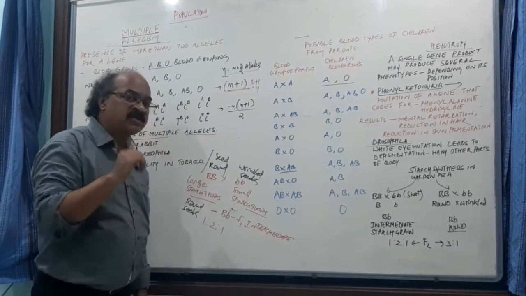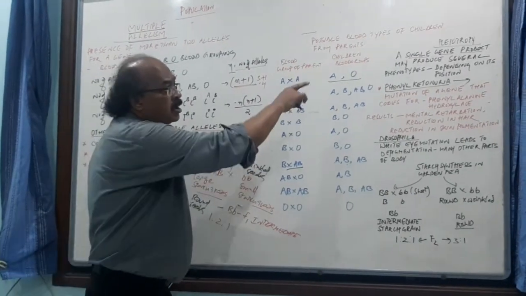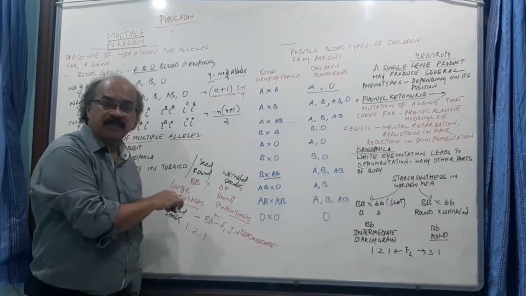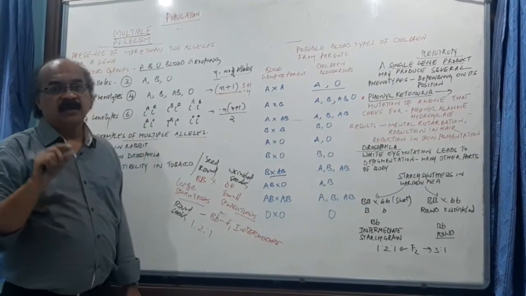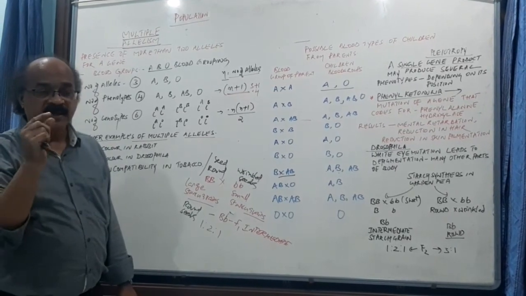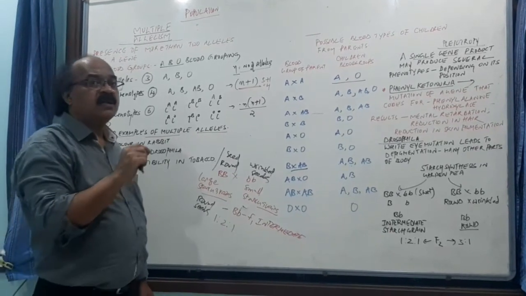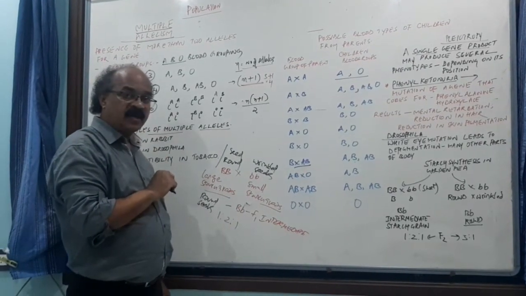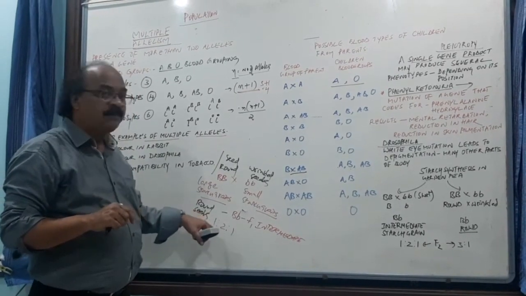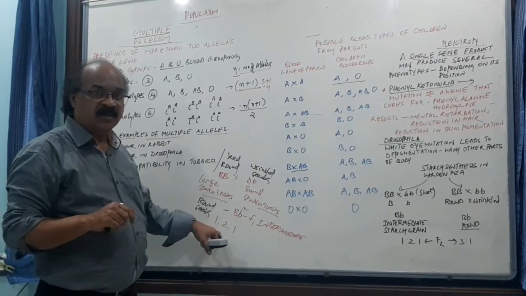Here, two points you have to remember. It is an example for pleiotropism because the gene B is controlling starch synthesis as well as the shape of the seed. For starch synthesis, it is showing incomplete dominance in F2, 1:2:1.